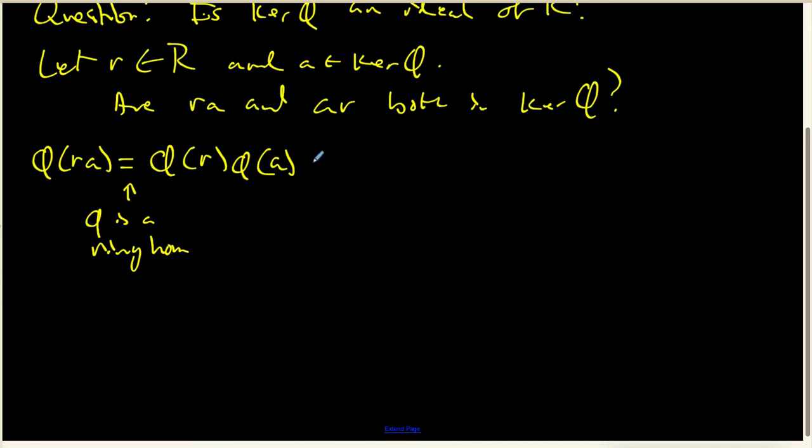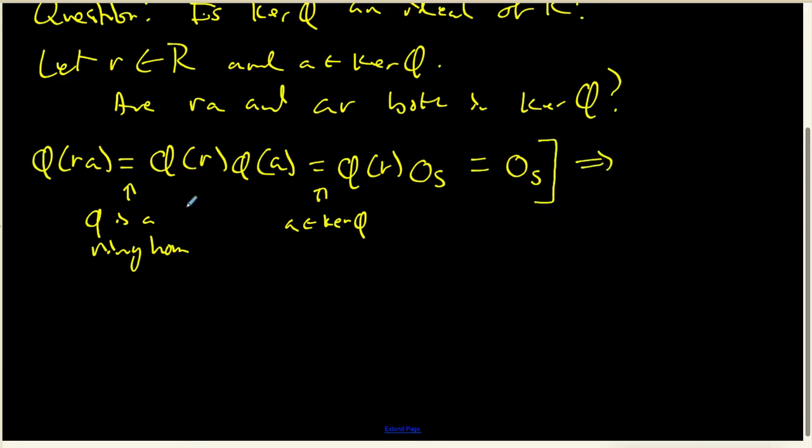But I also know that a is inside the kernel of phi, so I get this being phi of r times the zero element in S. This is because a is in the kernel of phi. But 0 times anything is equal to the 0 inside every ring, and so this set of computations says that ra is indeed inside the kernel of phi.